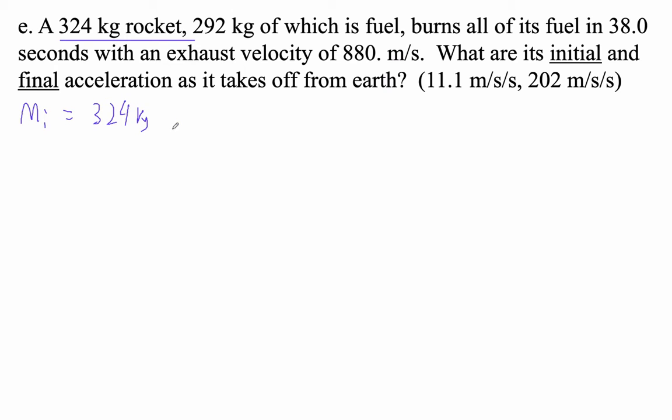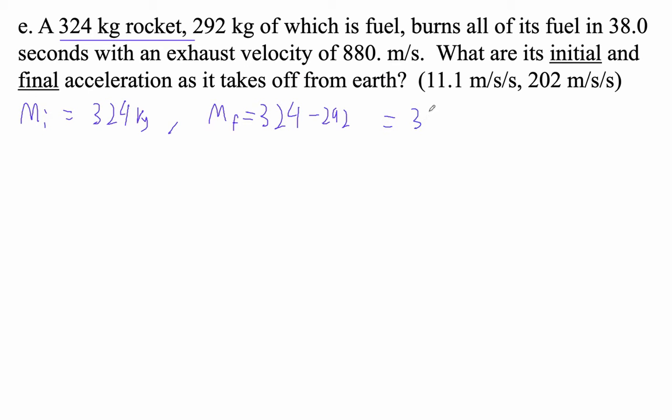Right, the final mass is going to be, we got to burn the fuel, right? So it's going to be 324 minus 292, okay? I think that's going to be 32, but I'm going to do careful work here. So 324 minus 292, 32.